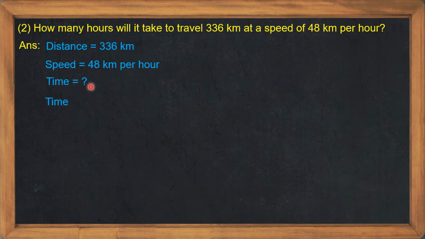So let us divide the distance by the speed to get the time. So let us divide 336 by 48 to get the answer.